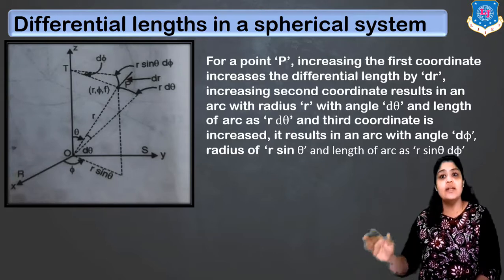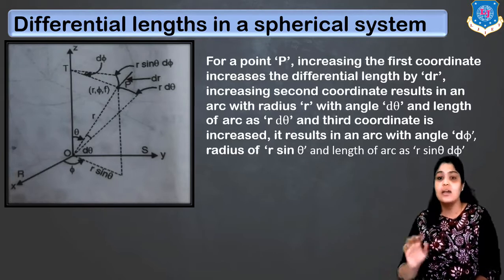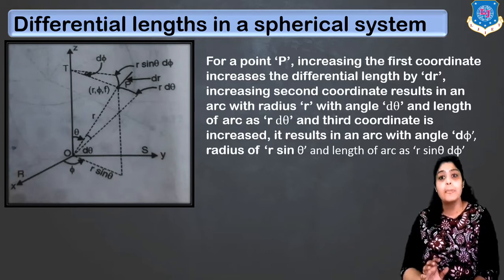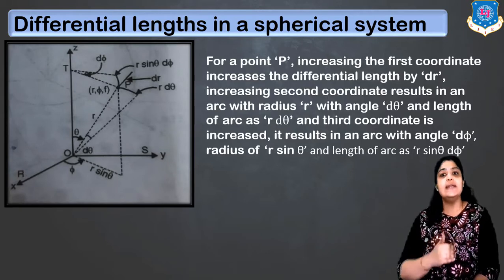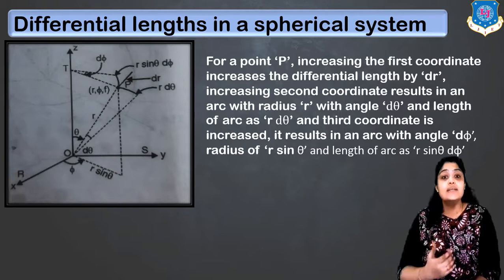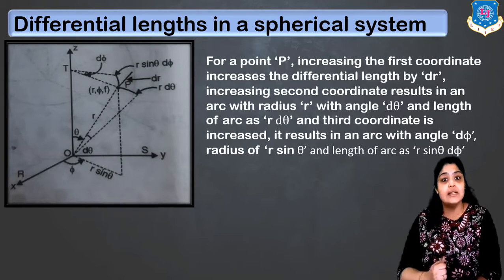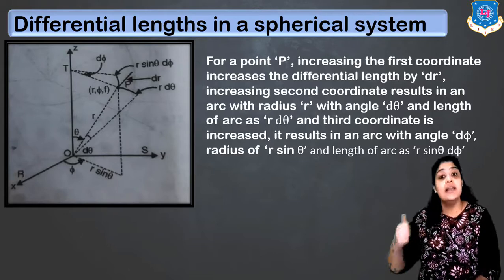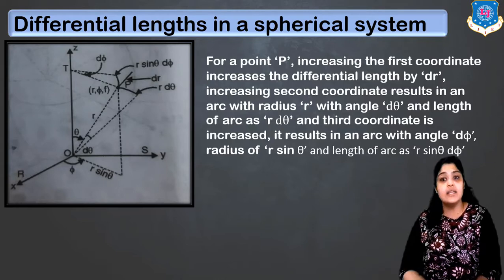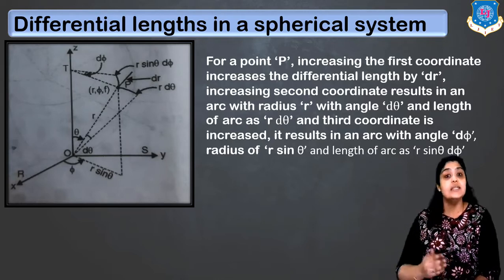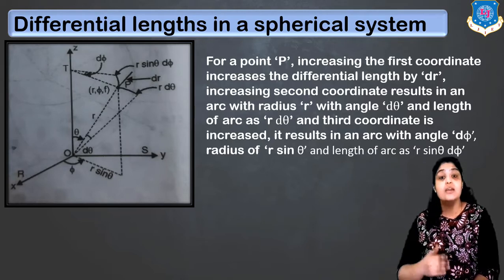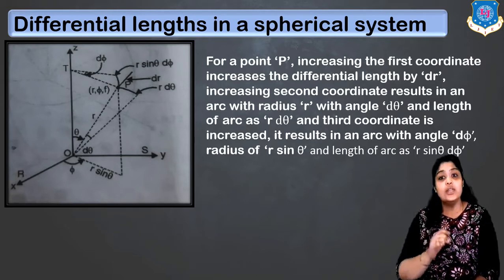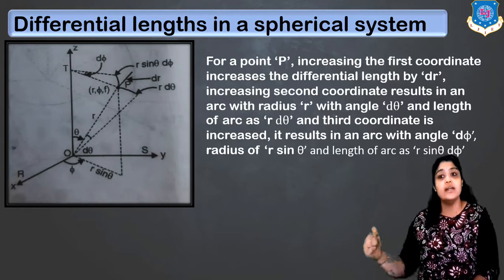Suppose the first coordinate is increasing by dr. I would get a small differential length dr because that is a position vector. Suppose the second coordinate, theta, is increasing by an angle d theta. It will result in an arc, the length of which is given as r d theta. And suppose the third coordinate, that is phi, which is obtained by the projection of point P on the xy plane, changes.